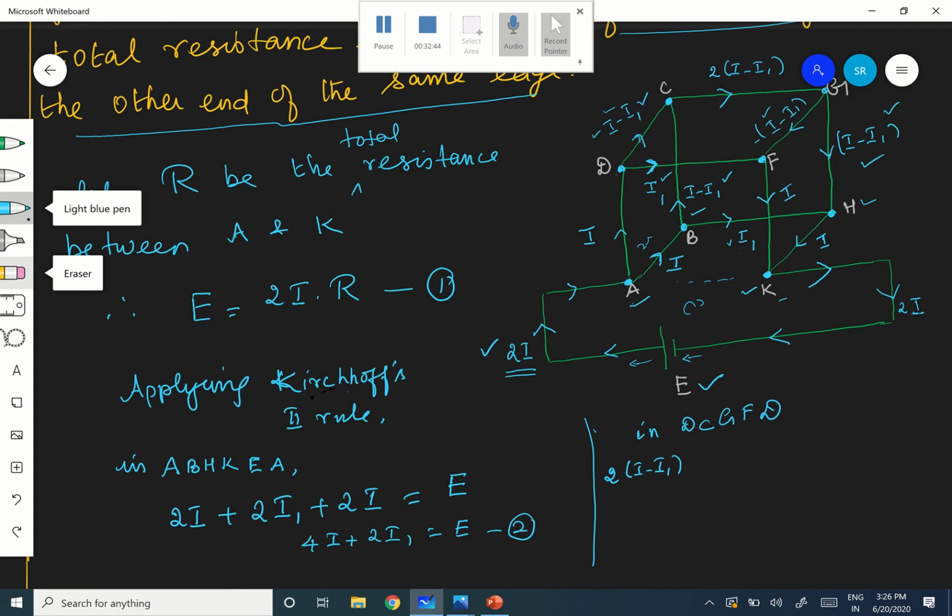Therefore R into I, sigma RI is equal to sigma EMF. Here in this DCGF there is no EMF, but you have to find out sigma IR first.